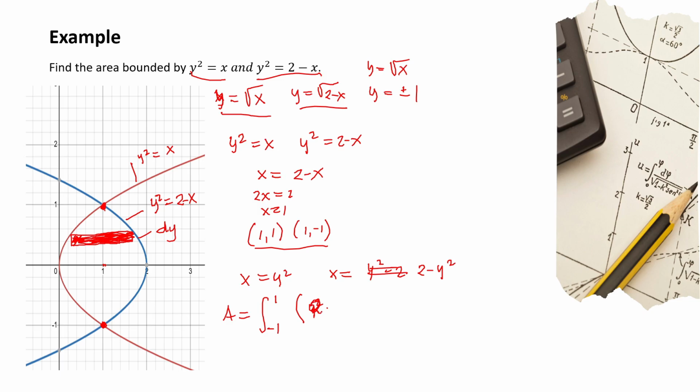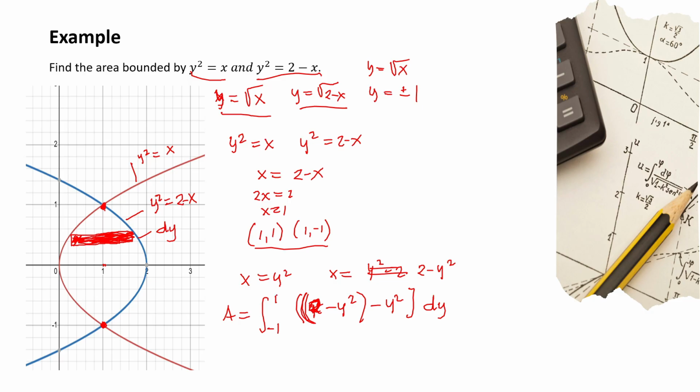So 2 minus y squared minus y squared with respect to dy.